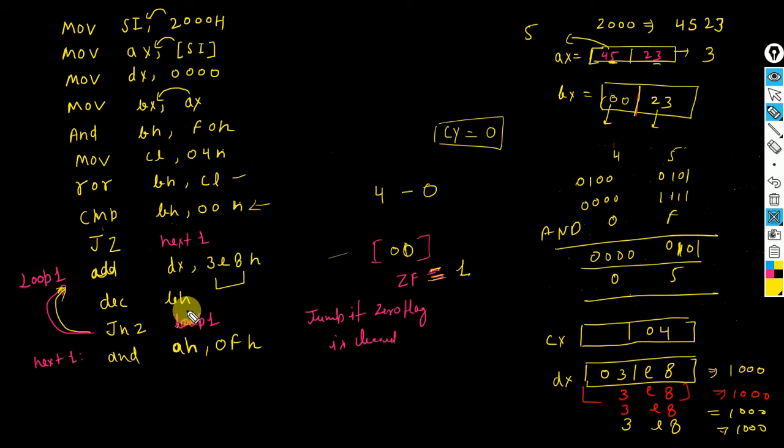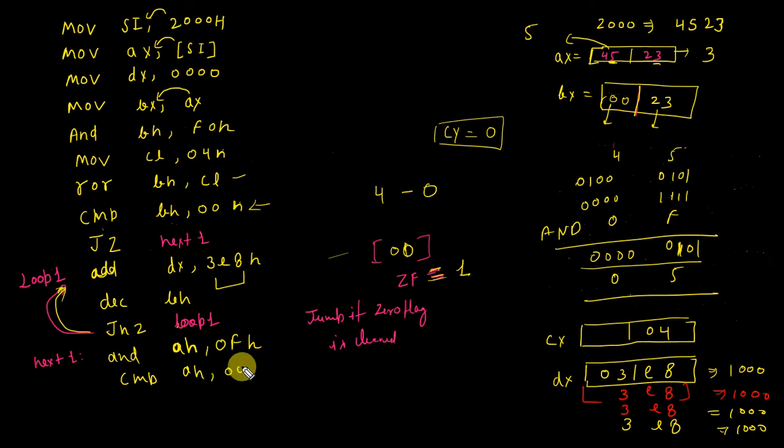The next instruction is CMP, compare AH, 00. In this case compare the AH value. After the execution of the previous instruction, our AH content is 05.